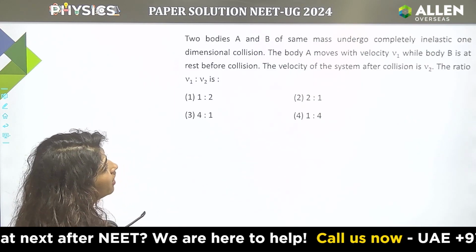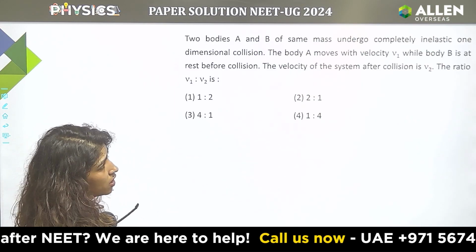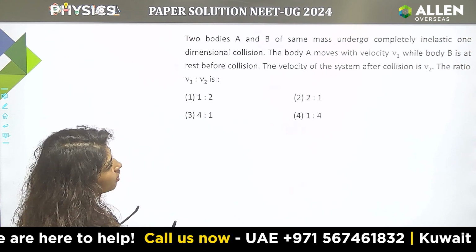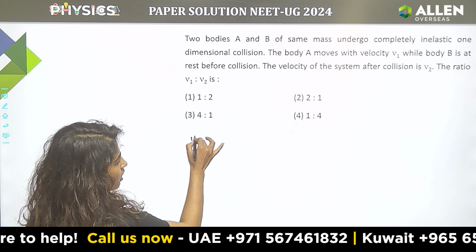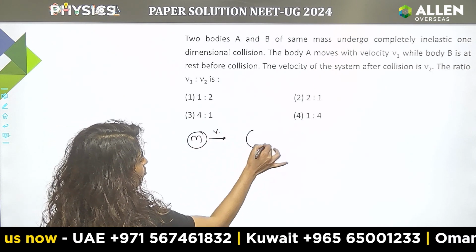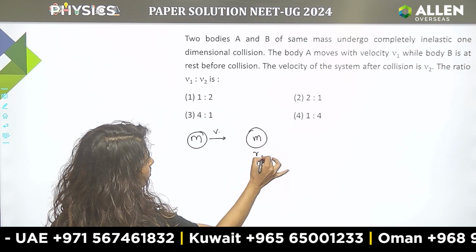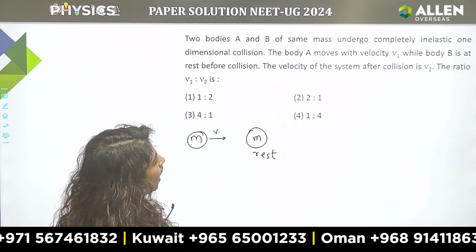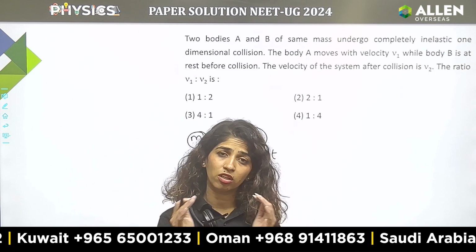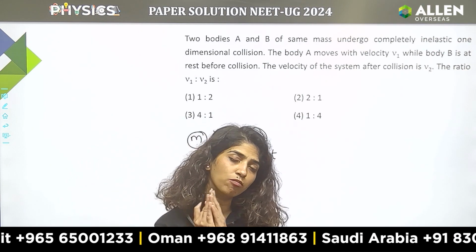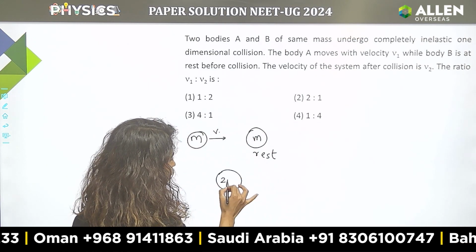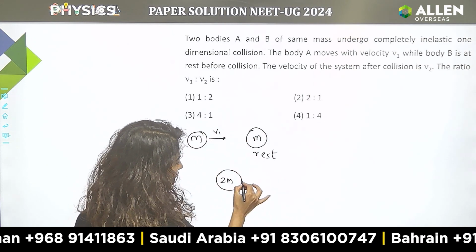Moving ahead, it says body A and B undergo a completely inelastic collision. Body A has mass m and is moving with velocity v1, whereas body B is at rest. Since it is a completely inelastic collision, we know that both the bodies stick together after collision and move with a common velocity.